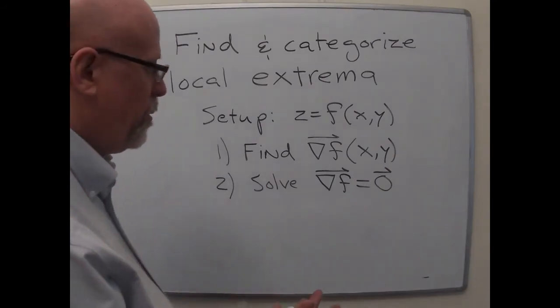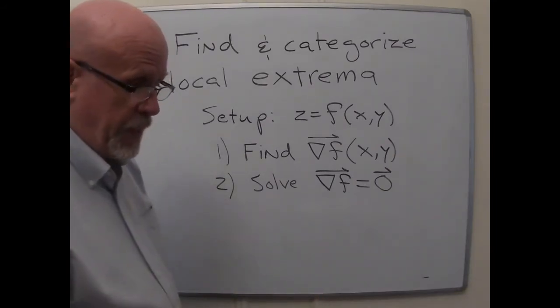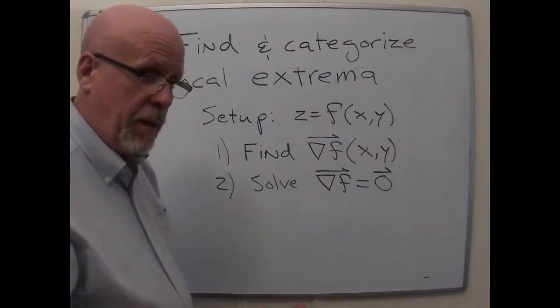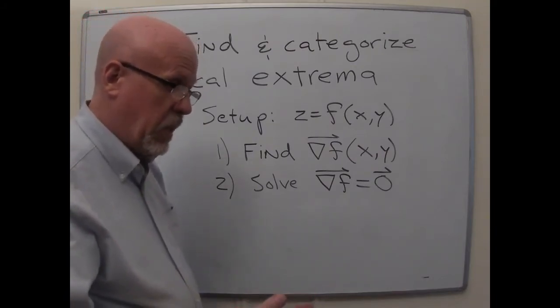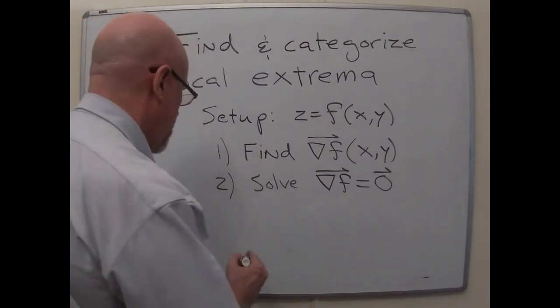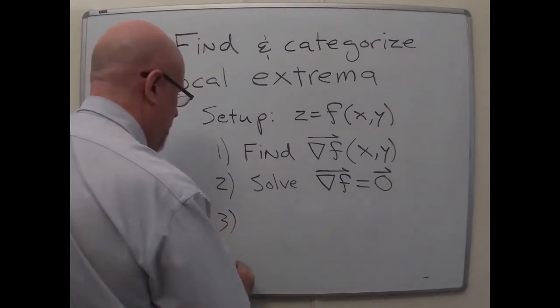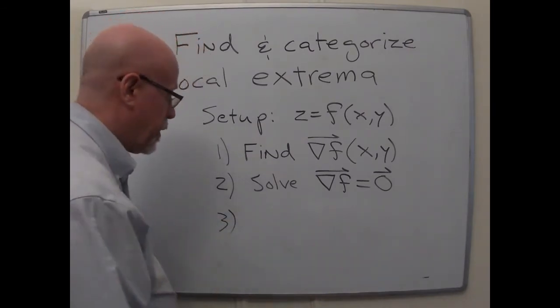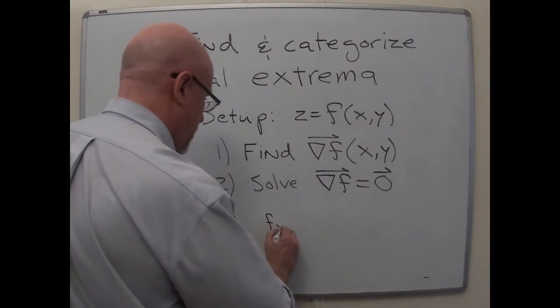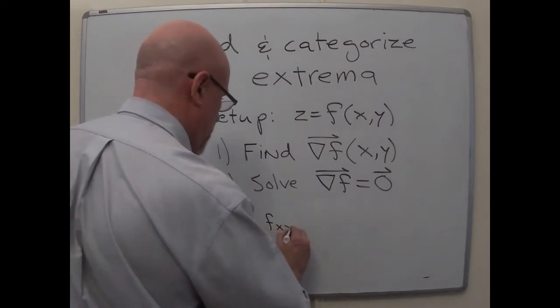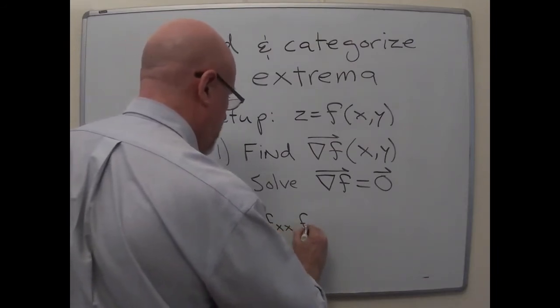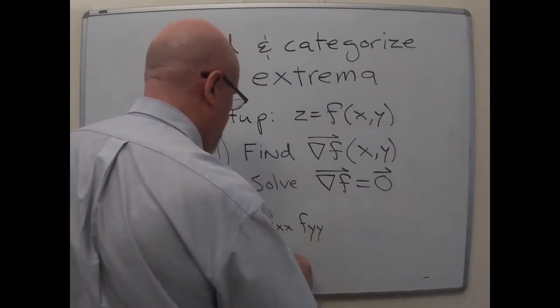What do we do for the second derivative? Well, we have some things that act like second derivatives. We have the second derivative in the x direction, which is f sub x x. We have the second derivative in the y direction, f sub y y.